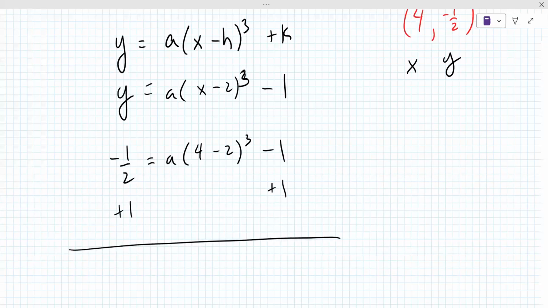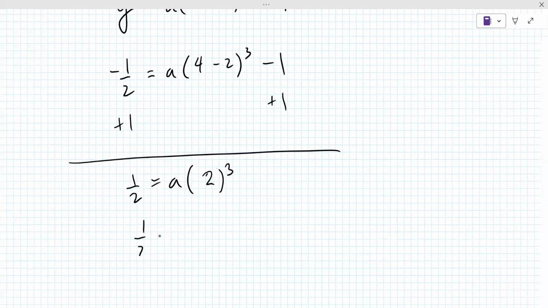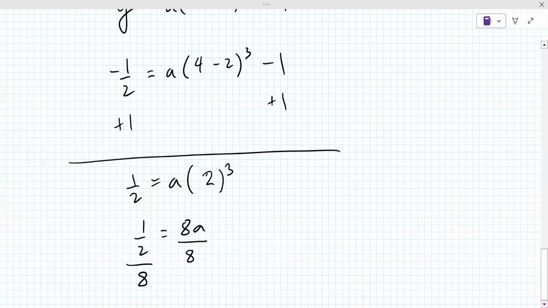Don't overthink it here. It's just all the other stuff you've been doing. Order of operations: 4 minus 2, you got to do that first. That's 2 cubed. So 1/2 equals a(2) cubed, and that would be 1/2 equals a times 8, or 8a, and then you divide both sides by 8.